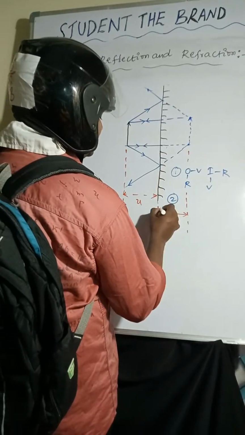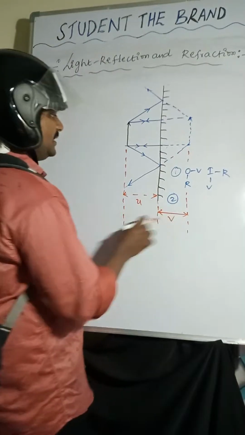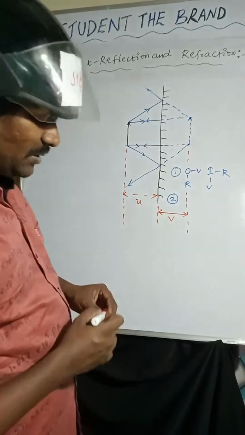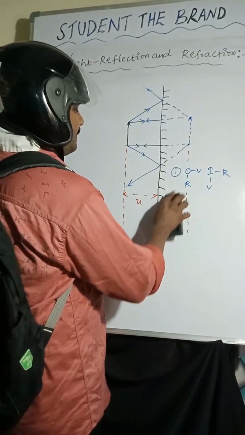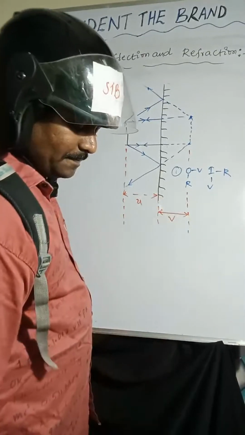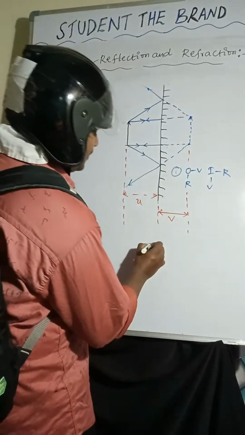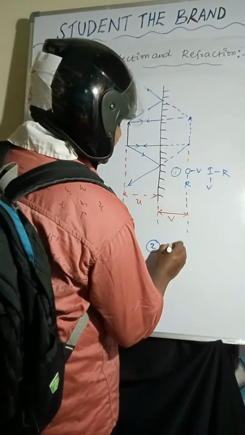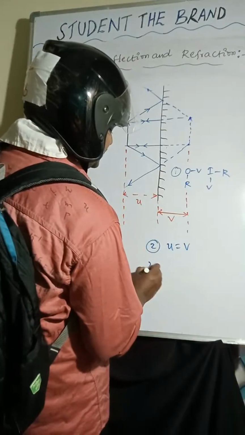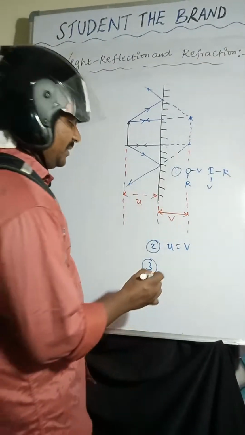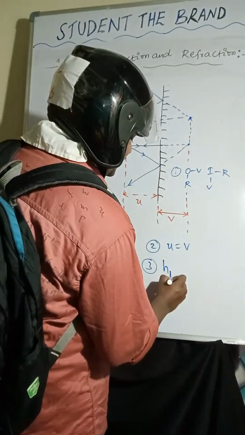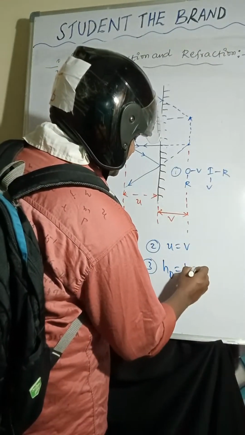The second point is that object distance is equal to image distance, and the third one, height of the object is equal to height of the image.